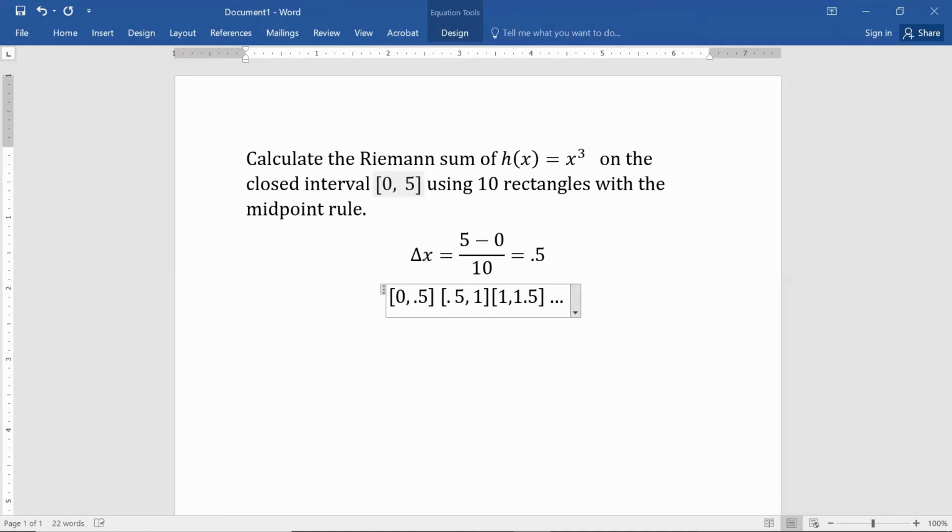You don't have to write all of these if you don't want. You can see the pattern now, and therefore, if you keep going all the way until you reach 5, your last couple of intervals are going to be from 4 to 4.5, and then from 4.5 to 5.